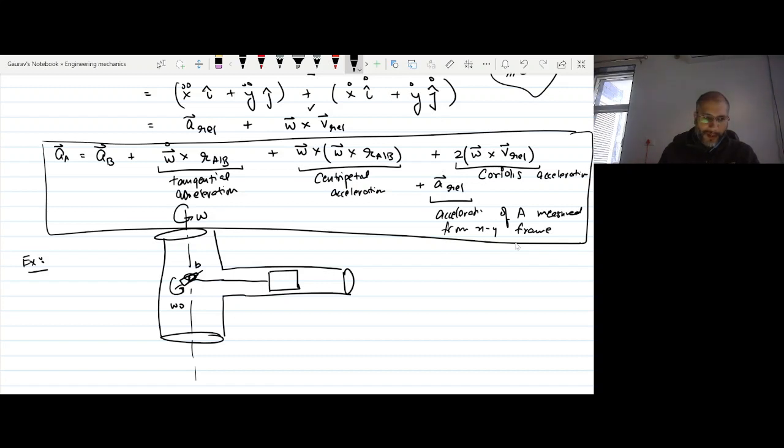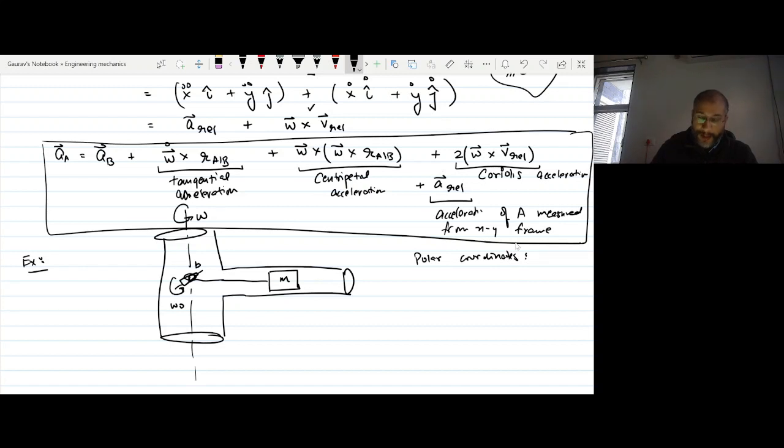So we had to find what is basically the acceleration of the mass m in this case. So this is mass m.